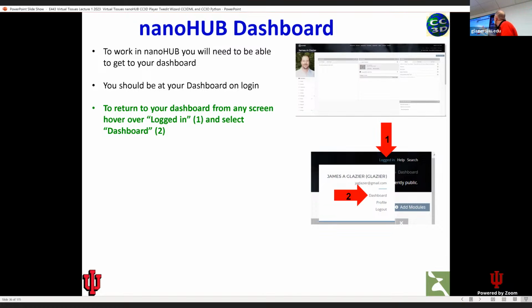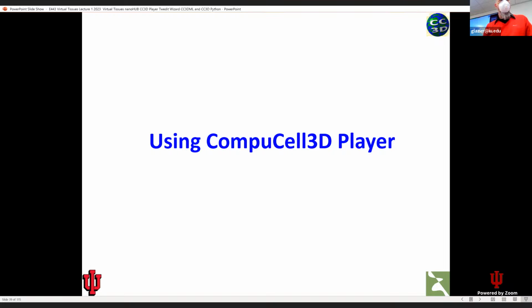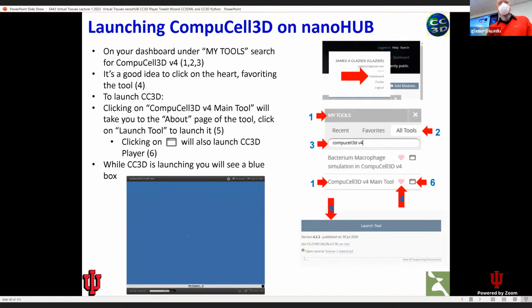Okay, so if you're in nanoHUB, there's something called the nanoHUB dashboard. You can hover over the top right-hand corner where it says logged in, and you go to dashboard. Okay, and if you're there, you could launch CompuCell Player. If you go to dashboard, you will see a window called My Tools.